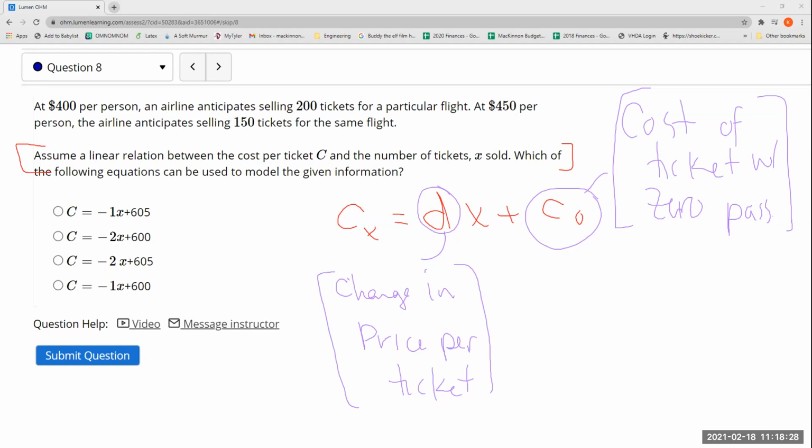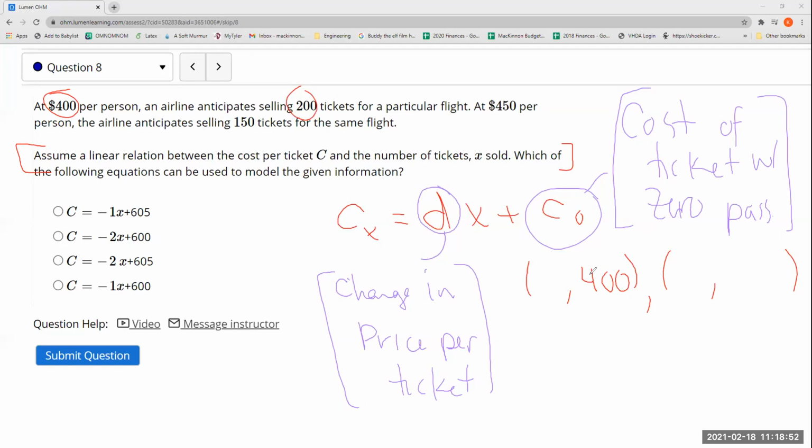There's a couple different ways you can think about it, and there is absolutely nothing wrong with thinking of these all kinds of different ways. So if you want to, you can construct 2 coordinate pairs for finding the D value here. We've got $400 per person. It's going to be my C value. That's my Y value. That's my dependent variable.